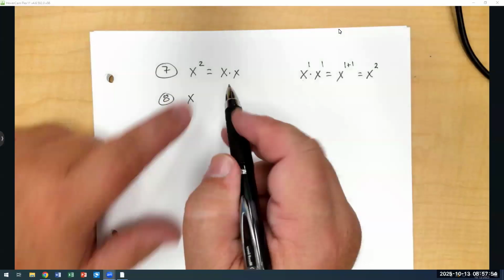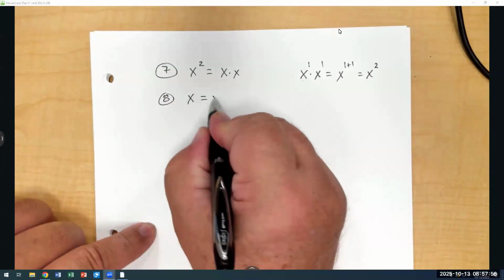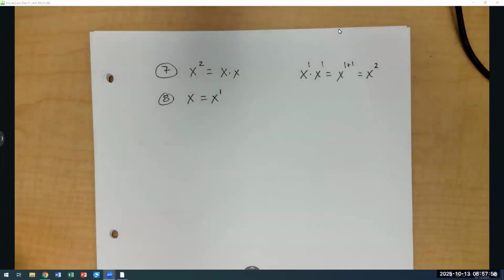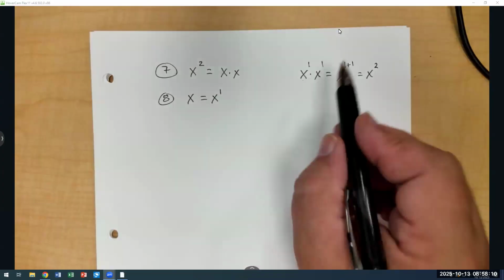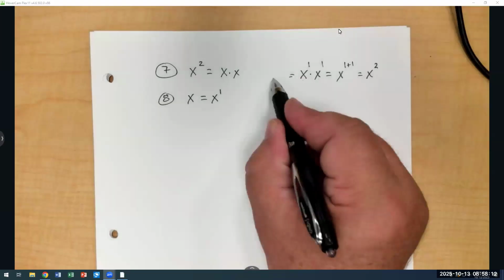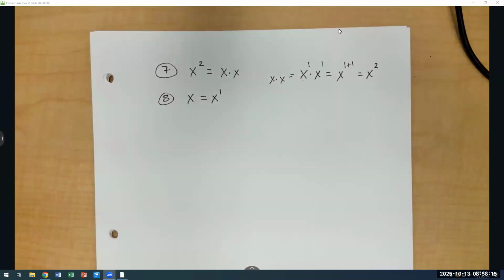That's why this is true, because X by itself is the same thing as X to the first. You have to have a rule that proves what you're doing. So the reason X squared is X times X is because X is the same thing as X to the first, because of this.